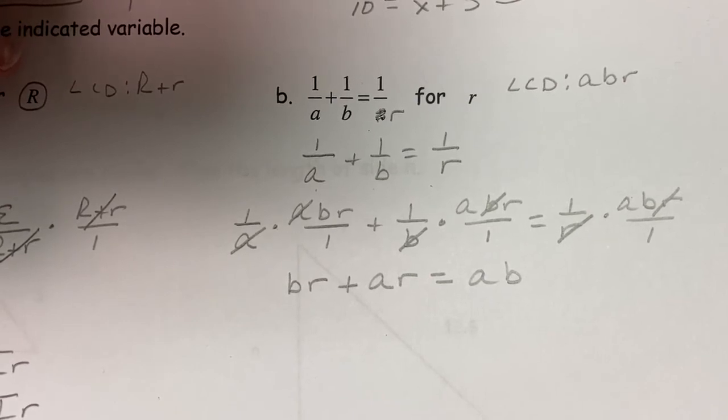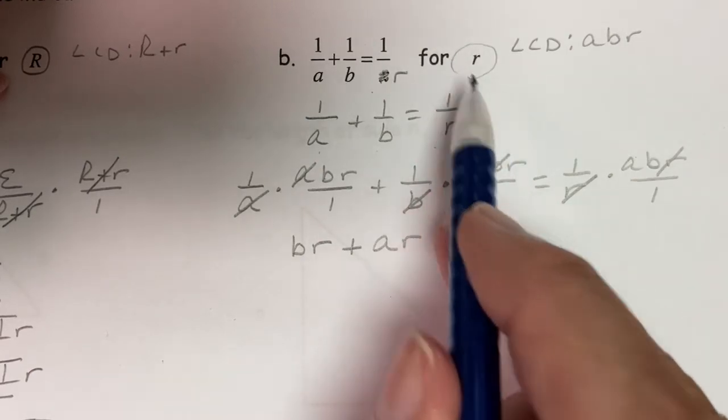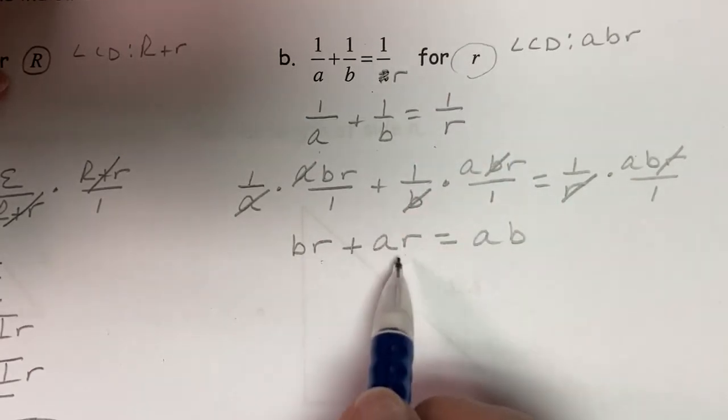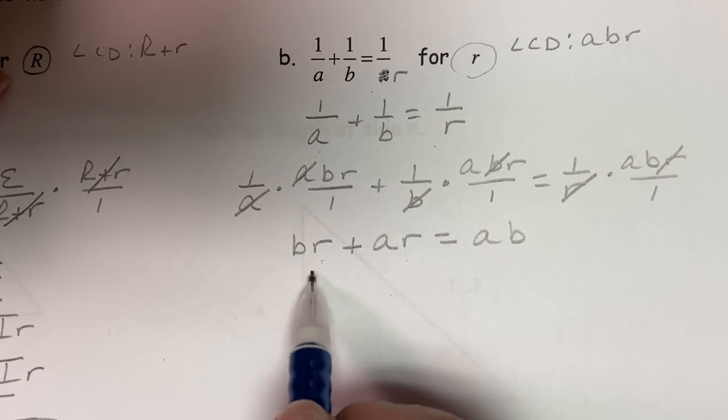Now, this one is a little bit different. I'm going to show you a trick that you've got to know. Notice how we want to get the little r alone, but there are 2 of them here. So the question is, what algebraic manipulation can I do that would turn these 2 r's into just a single one?